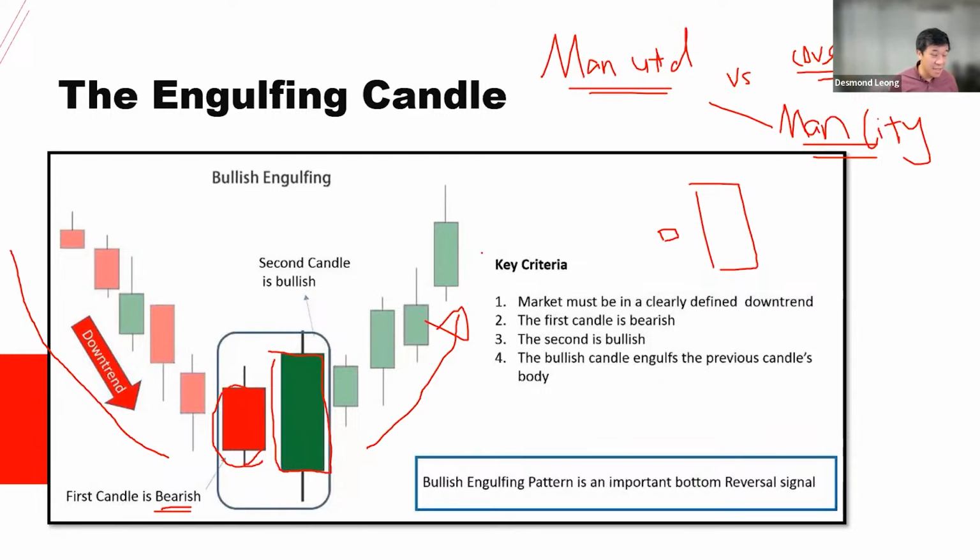You did engulf him, you did win, but the previous candle is just a tiny candle. But if your previous candle was a big candle, like Manchester City or Barcelona, and you won it, then people be like, oh wow, you really won a very big match, right?